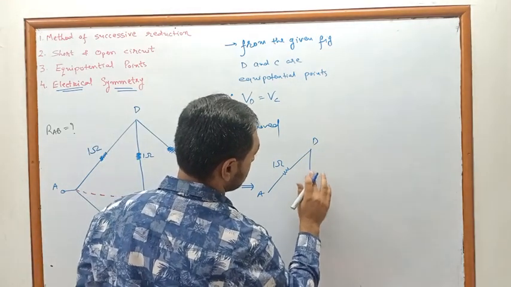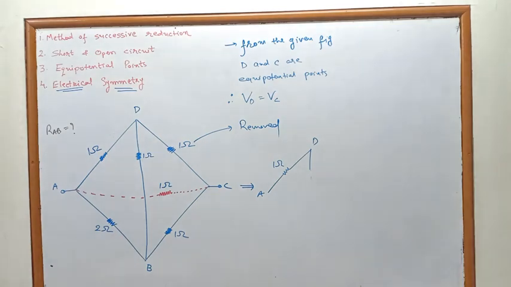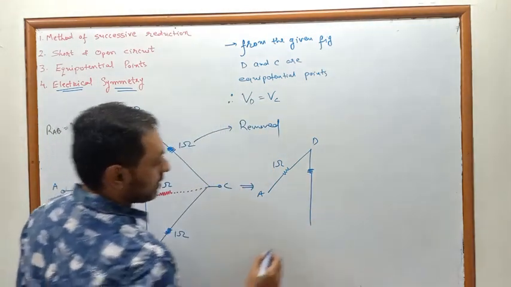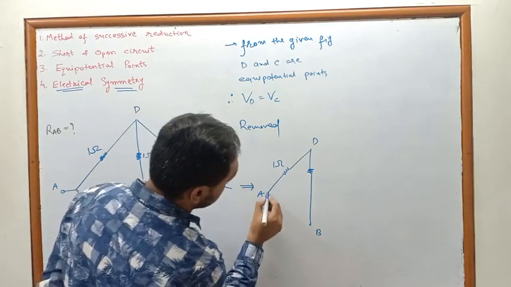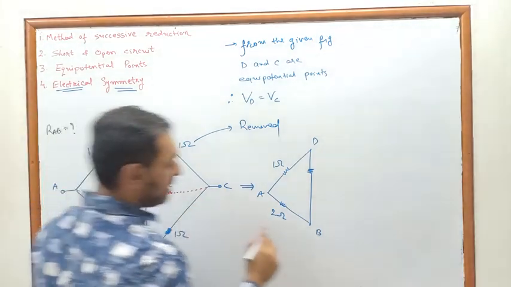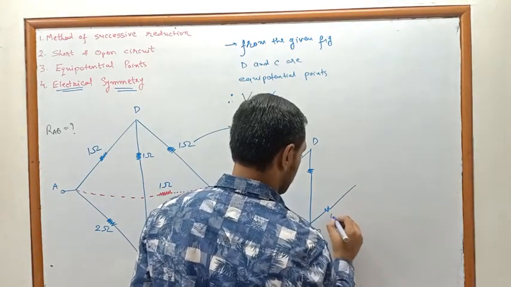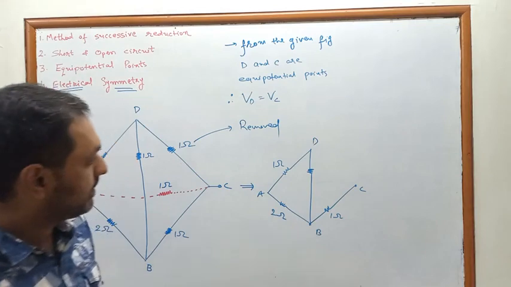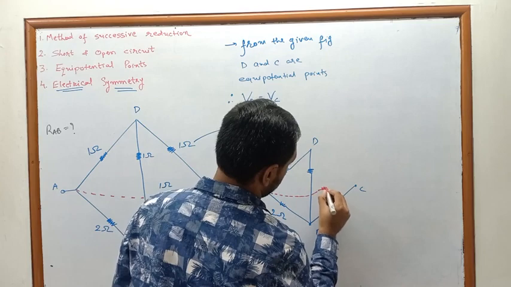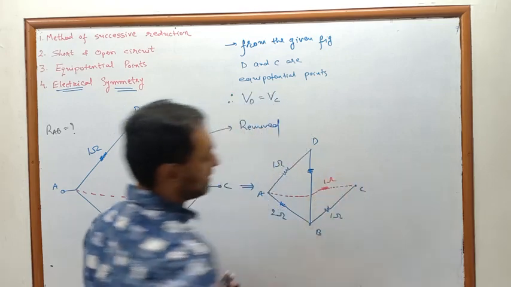From this, point B, this 2 ohm resistor is retained. So between B and C, you will get a 1 ohm resistor and this 1 ohm resistor like this.